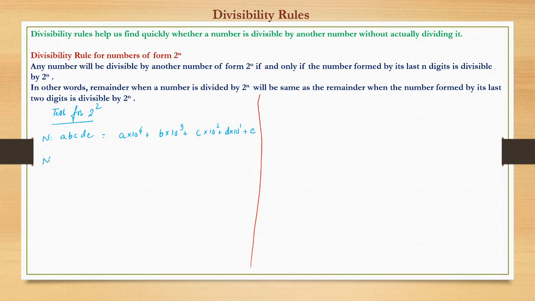Now if I want to check whether this n is divisible by 4, I divide n by 4.